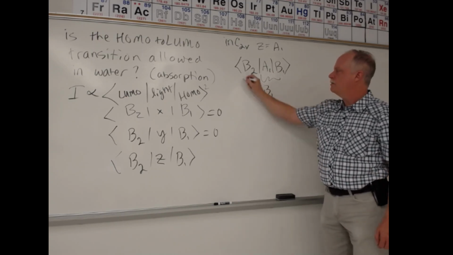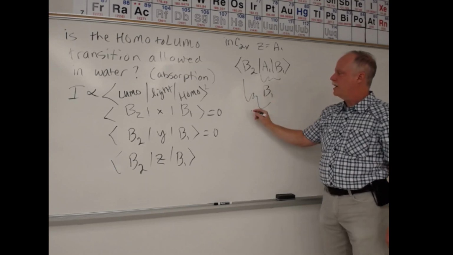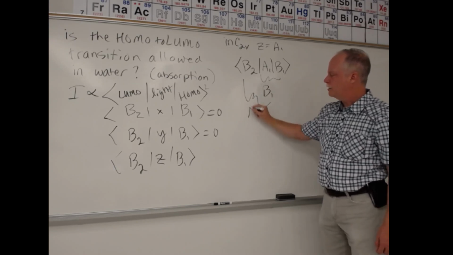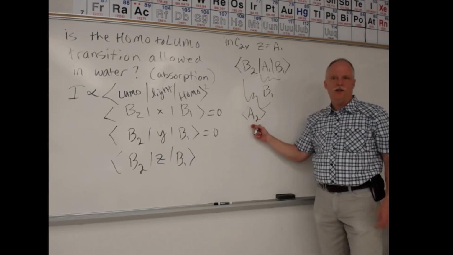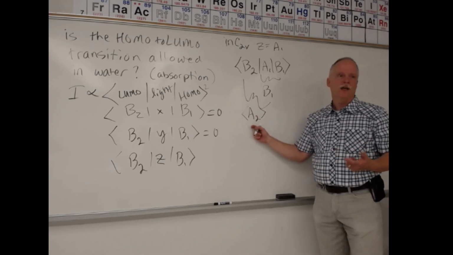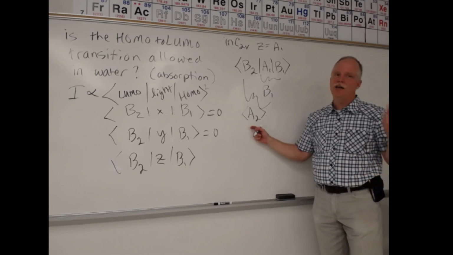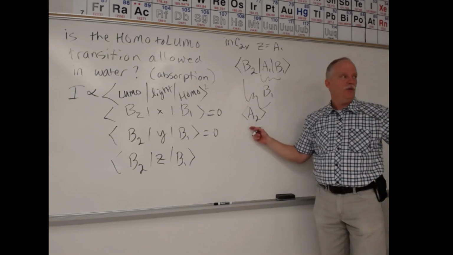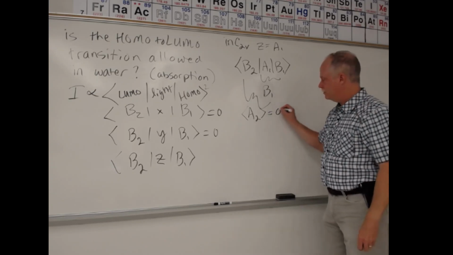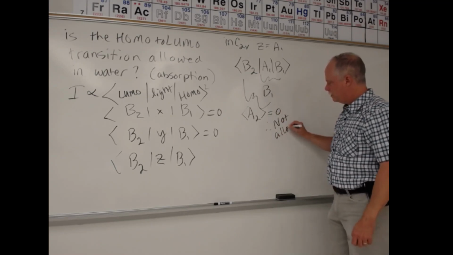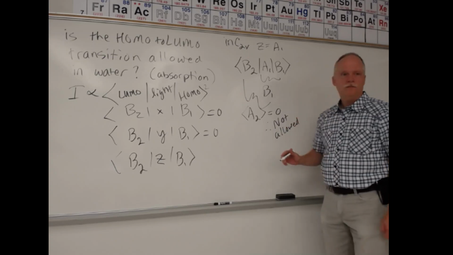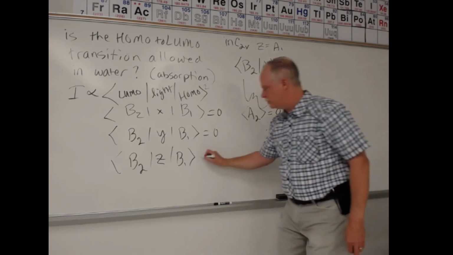And then B2 times B1, we just did that when that was A2, correct? So I have the integral over all space of a function that has the symmetry A2. That's not the top row. It's A, but it's not A1. Top row is A1. So that's equal to 0. Therefore not allowed. Okay, so this one's equal to 0.